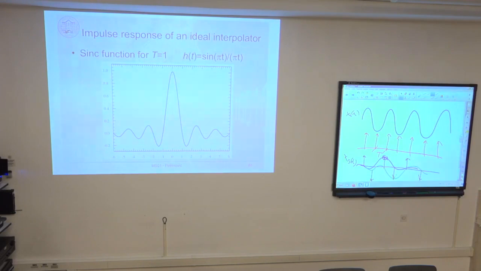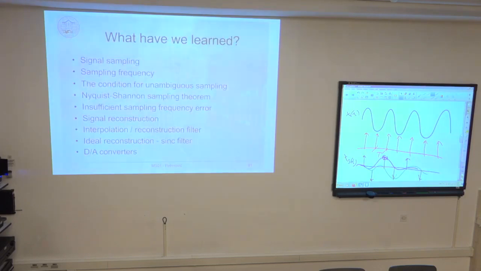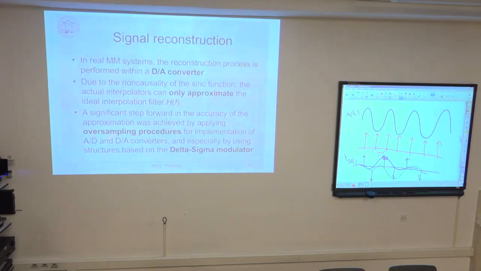Okay? And nowadays, this kind of interpolation is performed as a part of so-called oversampling AD and DA converters, or sigma delta AD and DA converters. They have an architecture that is based on this kind of almost ideal sinc interpolation, and this interpolation is done in an oversampled time discrete domain, because this digital filtering is easier to do than analog filtering.